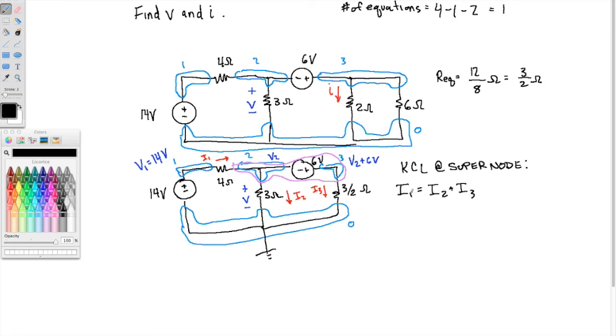So now we need to write those currents in terms of the unknown voltages. So I1 is 14 minus V2 over 4 ohms equals I2, which is V2 minus 0 over 3 ohms, plus I3, which is this voltage up here, which we're calling 6 plus V2, over 3/2 ohms.